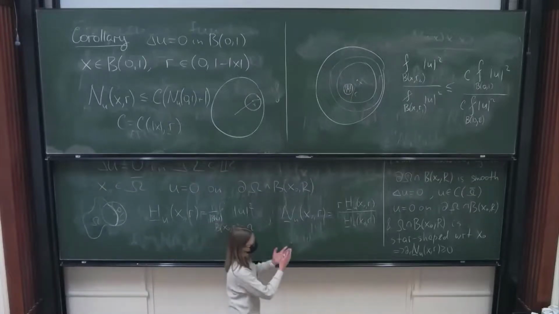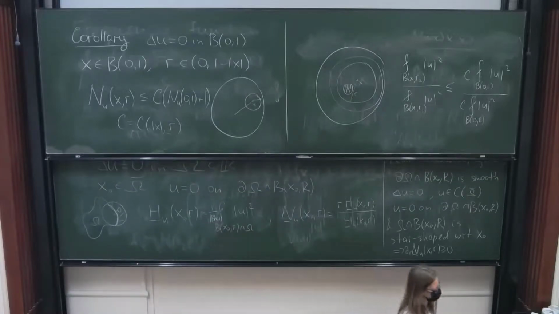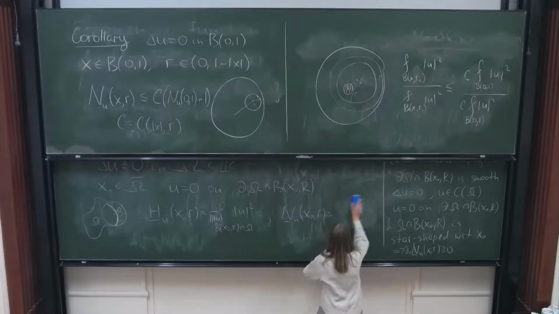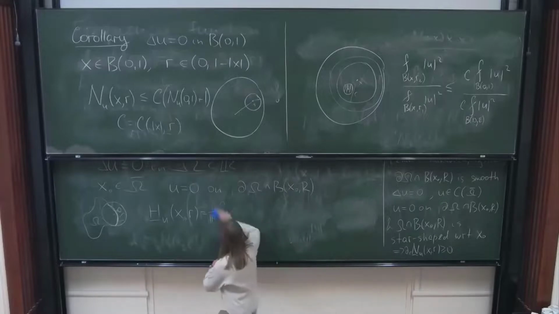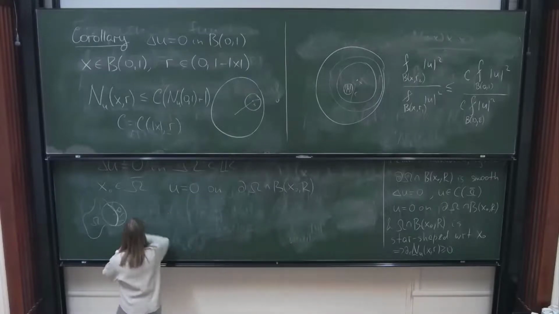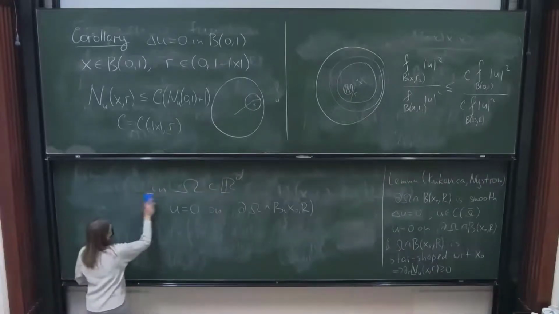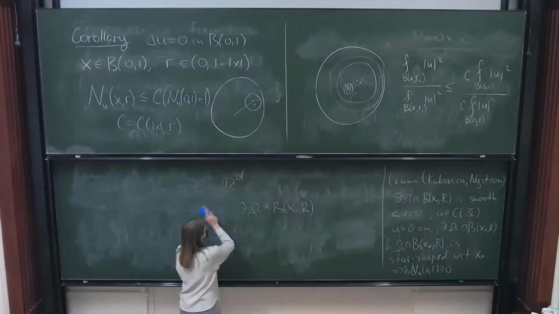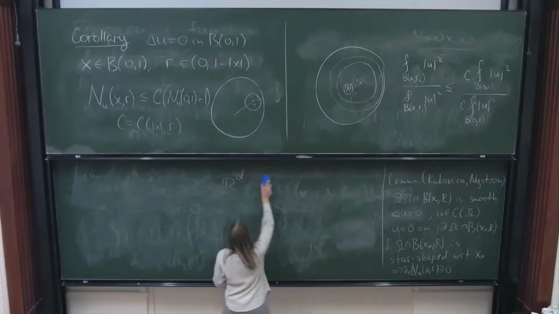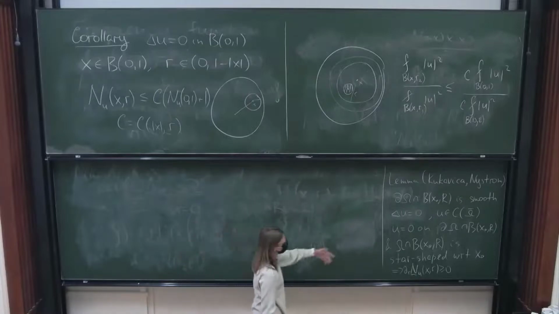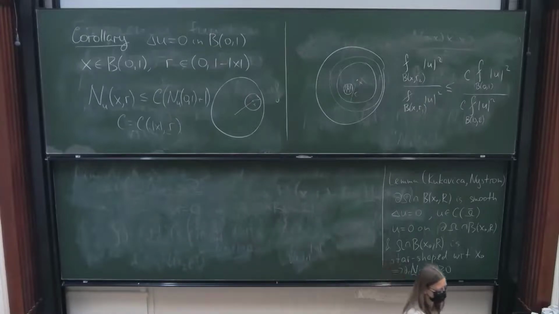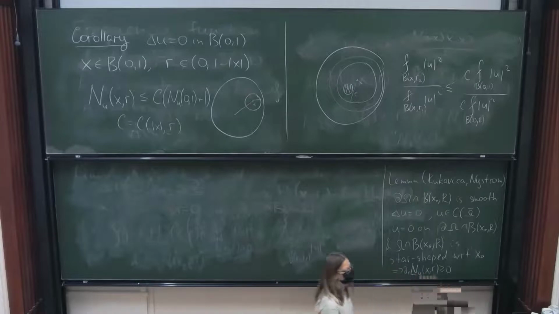What does it mean for us? In this work of Kukavica and Nyström, there is a nice corollary that tells you that the boundary shouldn't be too smooth to have some monotonicity of the frequency function.